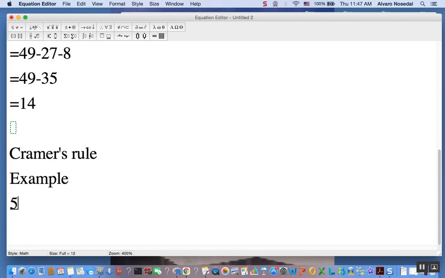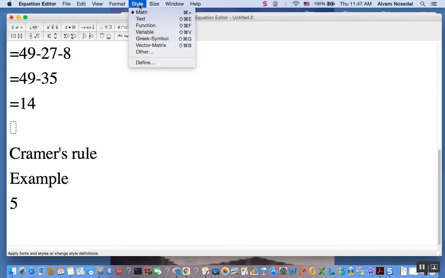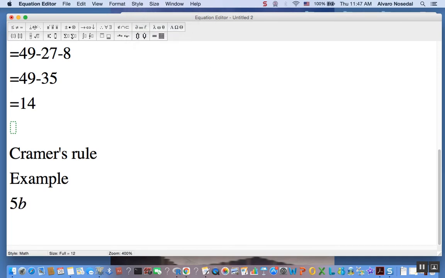First equation, 5 times B1 plus 7 times B2 equals minus 11. That's the first one.